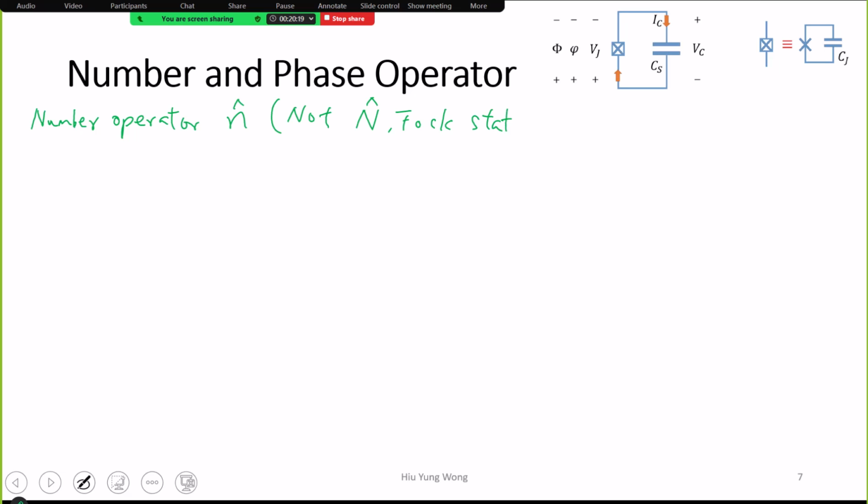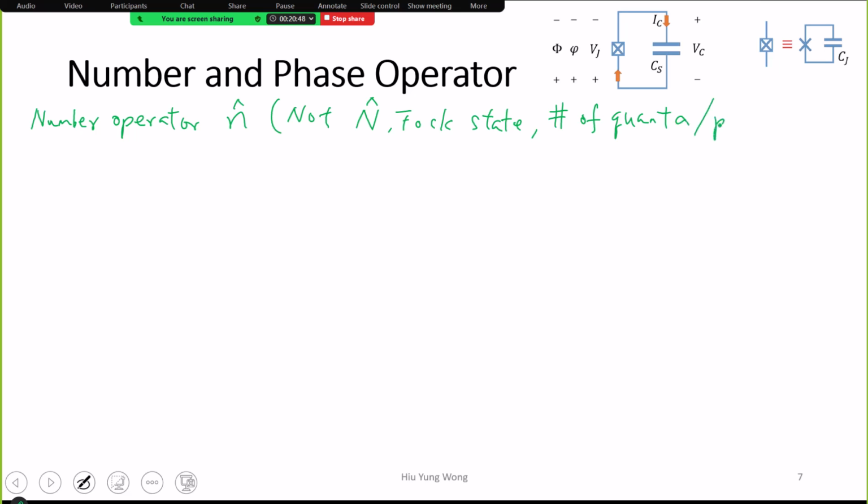Again, I just ask you what is the Fock state? It refers to what? What's the capital N we have been talking about for simple harmonic oscillator? Again, what is that? It's the number of quantum of energy, right?